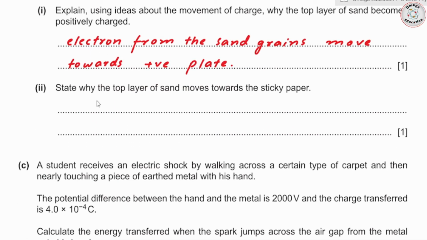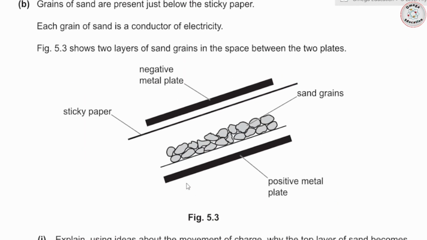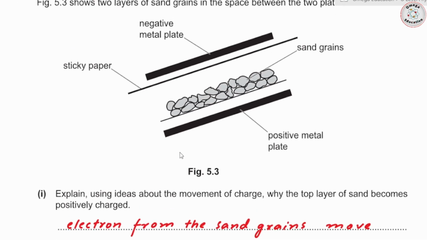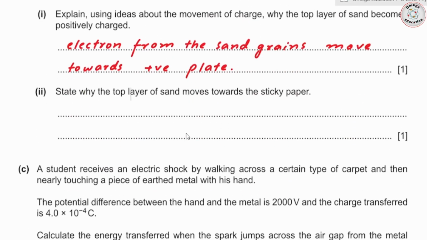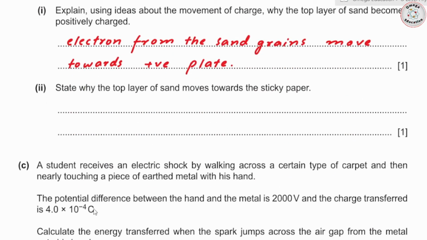State why the top layer of the sand moves towards the sticky paper, and the sticky paper is on the upper side. So why does the top layer of the sand move towards the sticky layer?